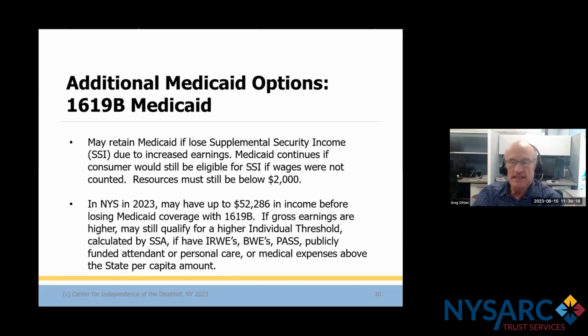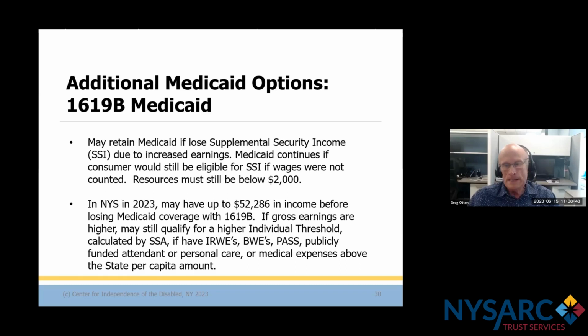We have 1619B and, well, spend down I talked about. Okay, 1619B. So say somebody had SSI, which is limited income and resources below 2,000. Then the person on SSI starts earning money, which using the SSI related budgeting methodology I discussed, it zeroes out their SSI.